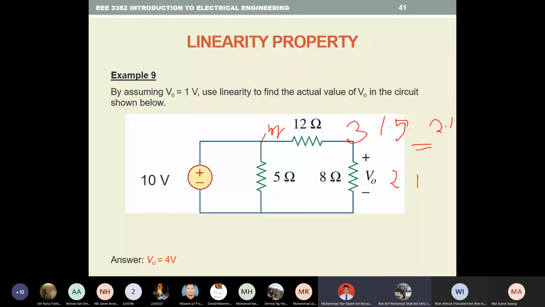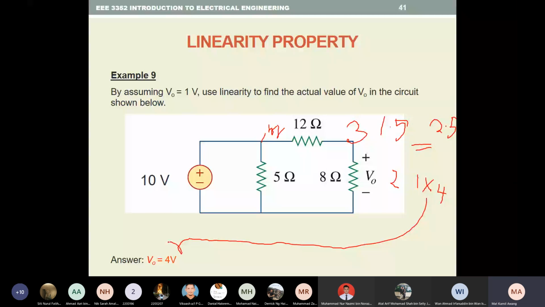Yes, sir, 2.5. But it's actually 10 volts here. So what is the ratio? 2.5 to 10, which is 1/4. So basically you need to multiply this by 4. So what is the answer? 4 volts.